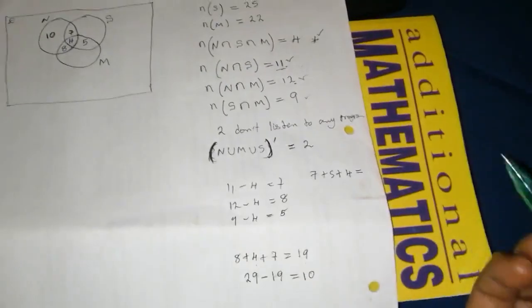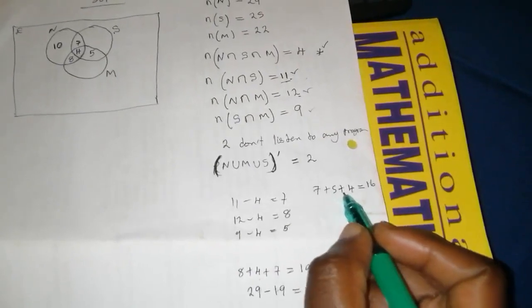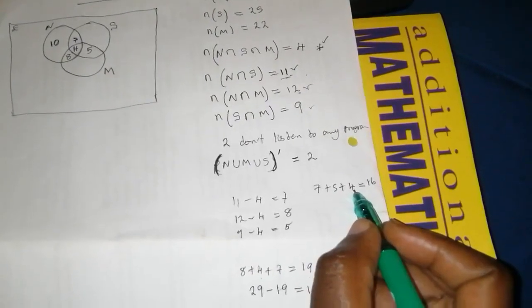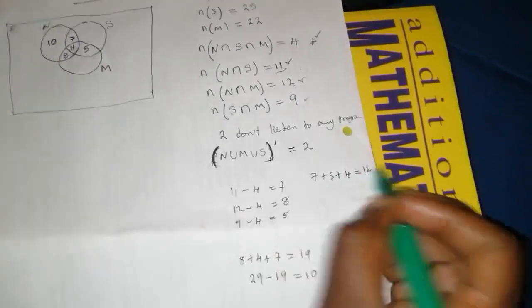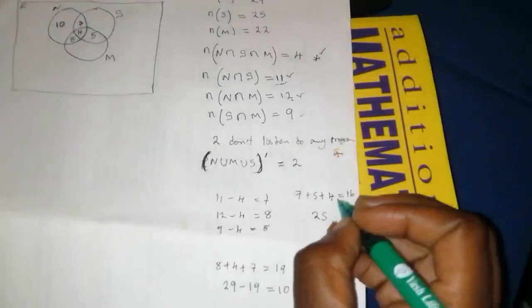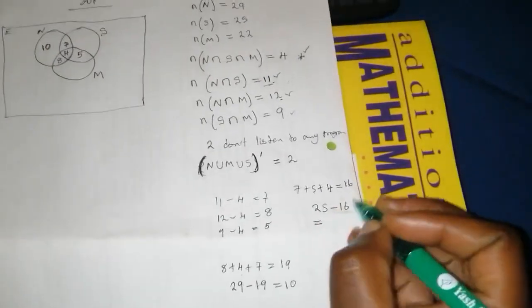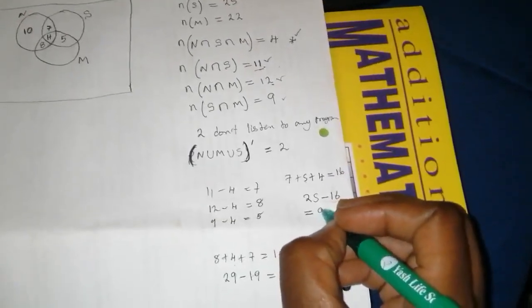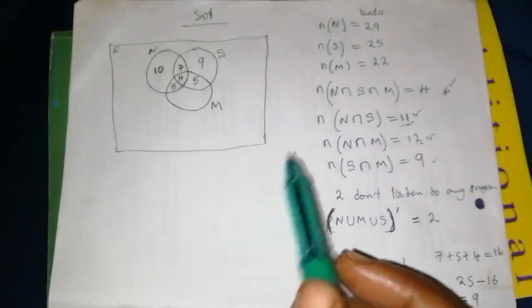This will give us 16, because 7 plus 5 is 12, 12 plus 4 is 16. We are not writing 16 there. This is what we have here. So we subtract that 16 from 25, and this will give us 9. Yes, so we write our 9 there.